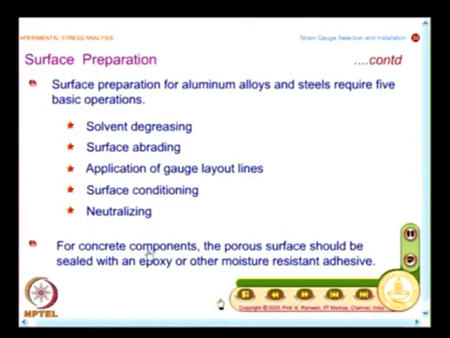On the other hand, if you look at concrete components, in addition you also have to ensure that the porous surface is sealed with an epoxy or other moisture resistant adhesive. So, this is the kind of special requirement when you want to work on concrete.